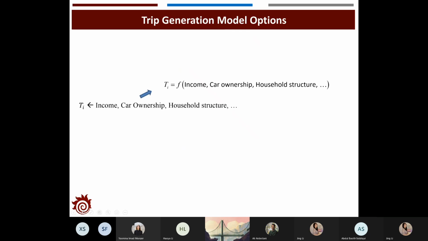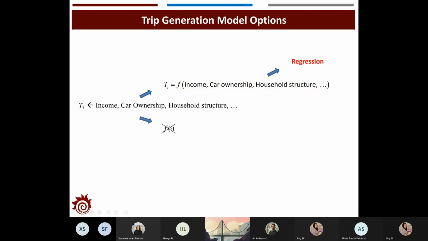If we are using some closed form function, like saying the production is a linear function of the income, car ownership, household structures, then we can apply the regression model to determine this relationship.